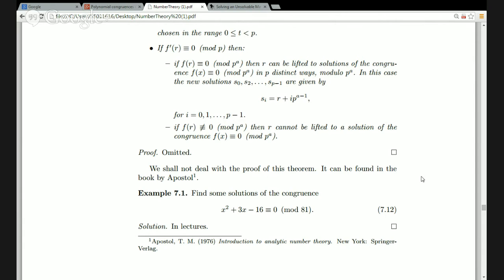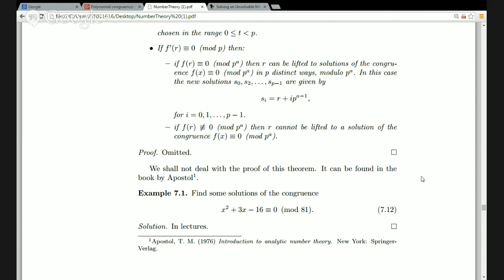So it's a minus 1 on the left and becomes a plus 1 on the right. Okay. So now we go into it again and we check f prime of r. So it's f prime of 7. So f prime is still 2x plus 3. So this is 2 times 7 plus 3, which is 14 plus 3, 17. So that's still non-zero modulo 3.